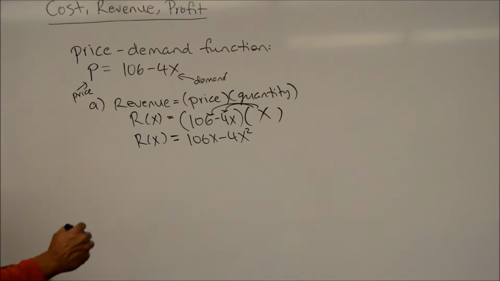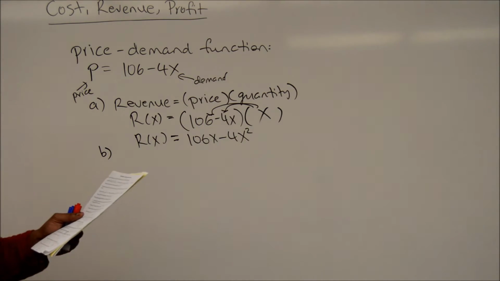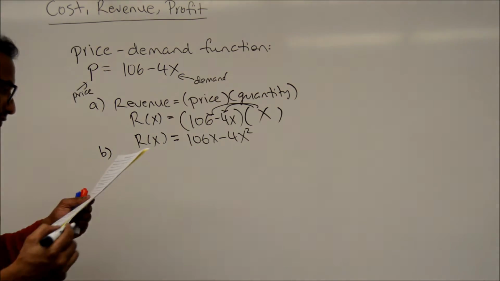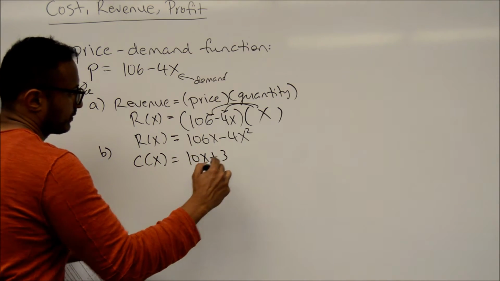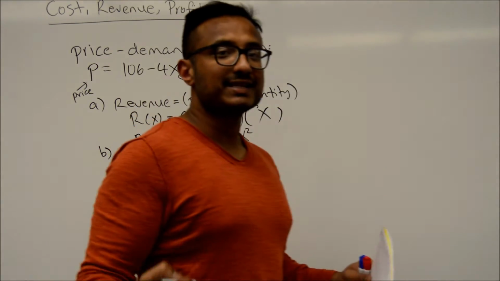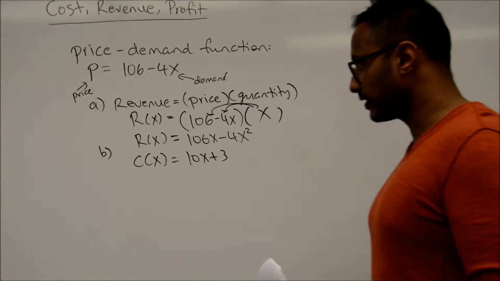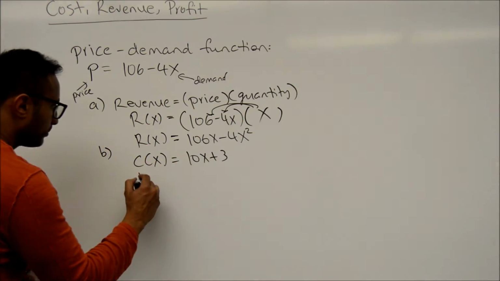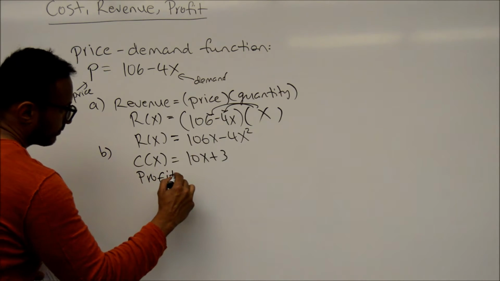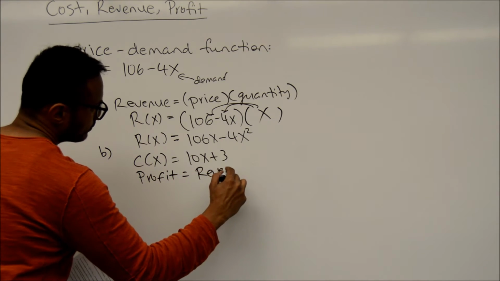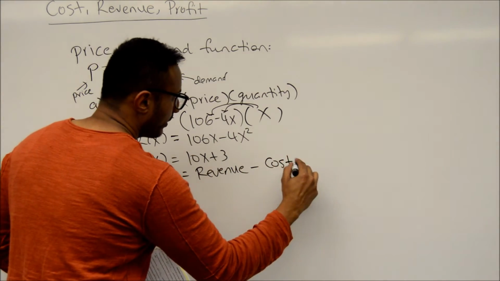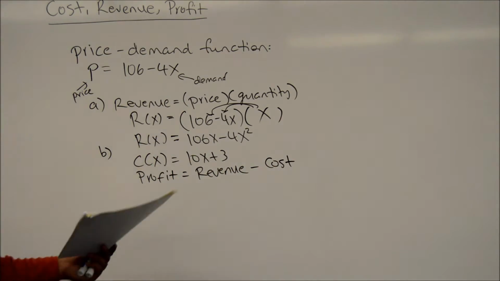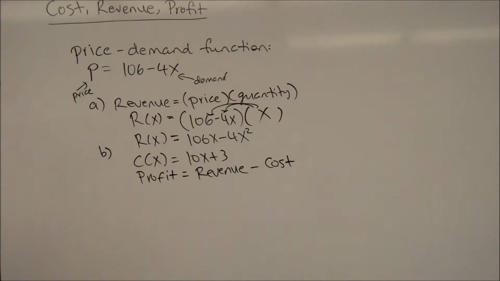Okay, that's part A. In part B, we are given the cost function. So the cost function of producing x units of ice cream is 10x plus 3. Using this, we want to calculate the profit function. Now, if you recall, profit is the revenue, how much money is coming in, minus the cost, how much it is costing to produce certain units of a commodity.